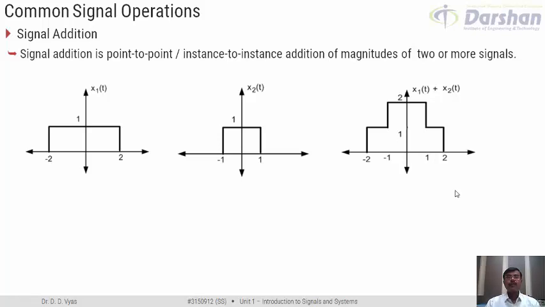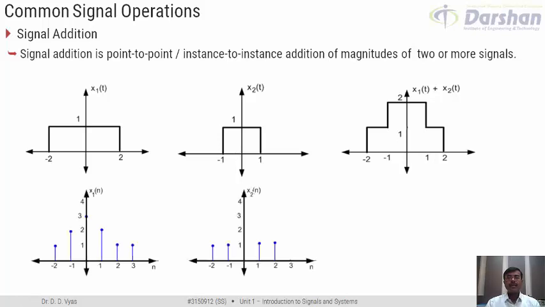This is what we mean by point to point or instance to instance addition. Take the value of x1 at any given point of time. Take the value of x2 at the same instance of time and add those two values. That is what signal addition primarily means.